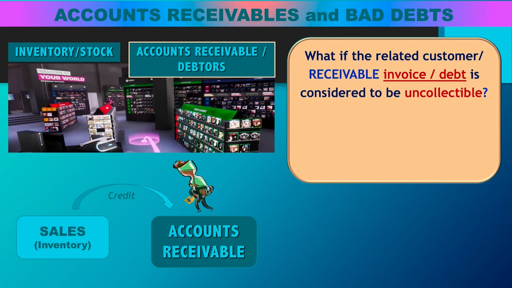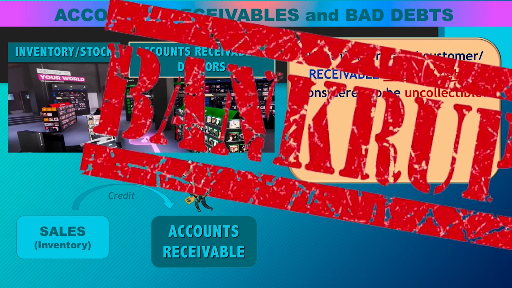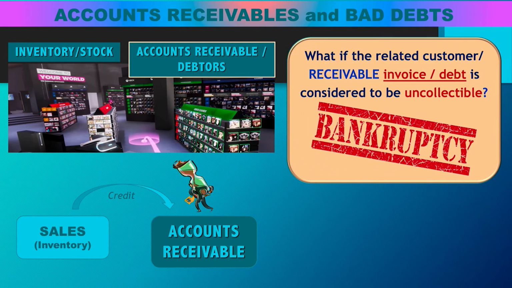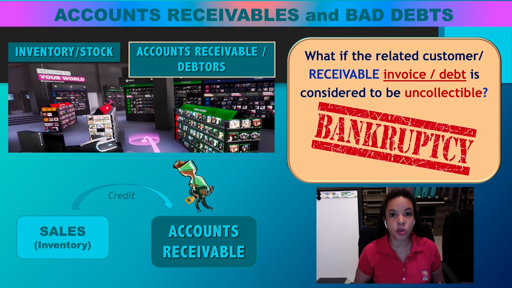What if that receivable is considered uncollectible, meaning that we have exhausted all ways, he is bankrupt? It makes absolutely no sense to pursue the debt, because some of you might say, take him to court. But the lawyer fees and the court fees and all of that you would put out, is it really worth it going after somebody who really does not have that money?